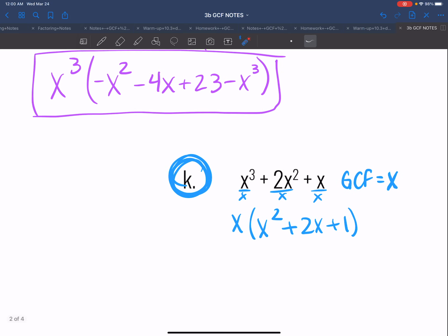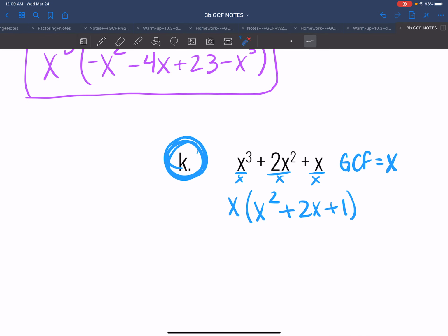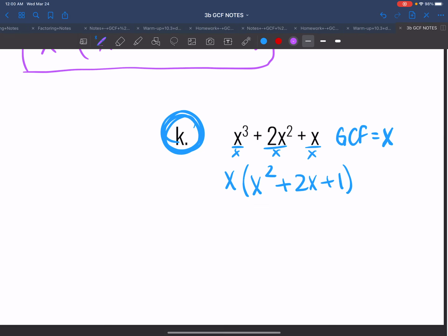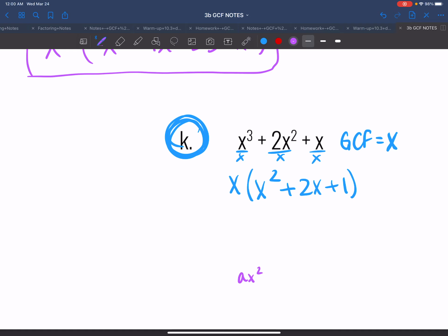The reason this is a special situation is because this form that this polynomial is written in, hopefully once I say it will look familiar, is quadratic standard form. So we learned that quadratic standard form is ax squared plus bx plus c.